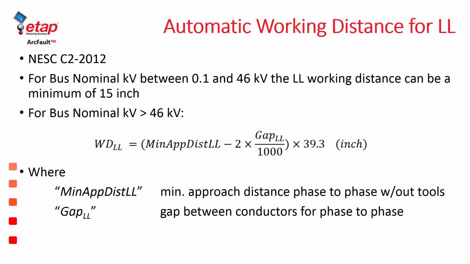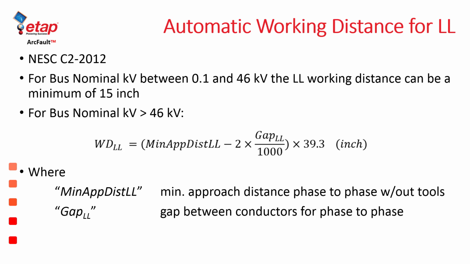Let me also add to this slide, and as we will see in the next few minutes, that there may be other typical gaps and working distances for conditions such as three-phase enclosed equipment. Of course, those gaps are outside what has been published in standards like IEEE 1584.